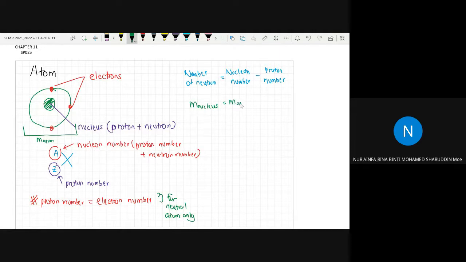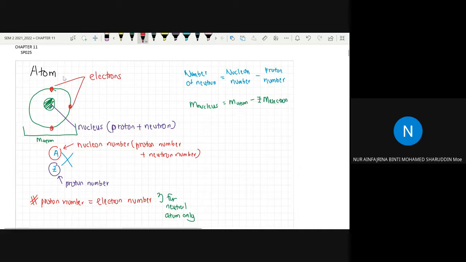Mass of atoms tolak dengan? Now I want only nucleus punya mass. I have the whole mass of atom. Tolak dengan electrons. So tolak dengan Z. Z is number of electrons because number of electrons is the same as number of proton. Darab dengan mass of electron. Sebab apa?